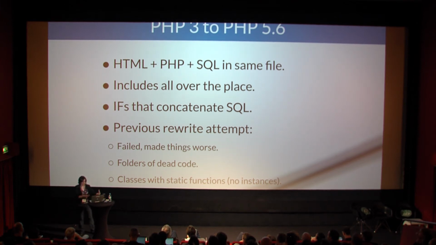So it was not only a failed attempt, but now they ended up with duplicate code, or parts of the code were dead now, but we didn't know which one was the correct code. So folders of that code, classes with a bunch of static functions, no instances. So what was the point of using PHP 5 at all if you're not going to use any of the object-oriented stuff in there? And basically, yeah, just classes that acted as namespace for functions, no proper objects.